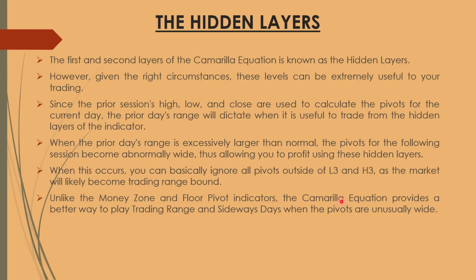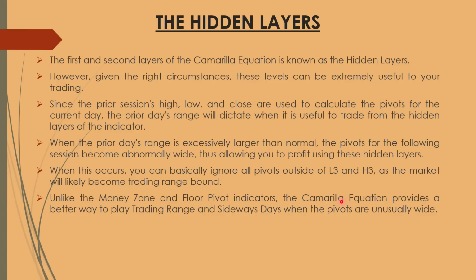Since the prior session's high, low and close are used to calculate the pivots for the current day, the prior day's range will dictate when it is useful to trade from the hidden layers of the indicator. When the prior day's range is excessively larger than normal, the pivots for the following session become abnormally wide, thus allowing you to profit using these hidden layers.